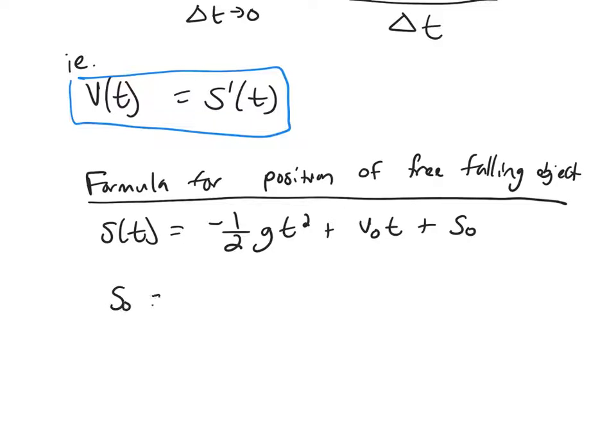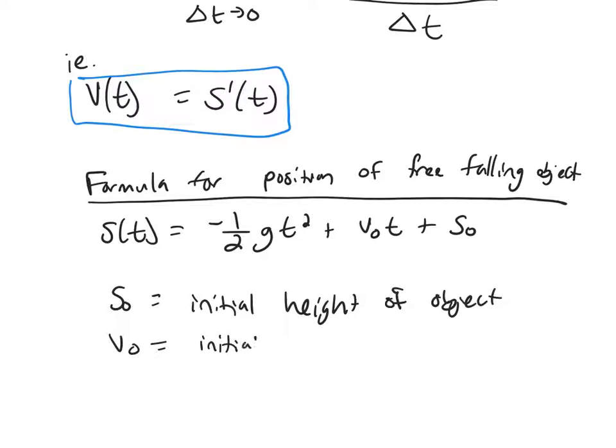S0 is your initial height of your object. V0 is the initial velocity of the object.